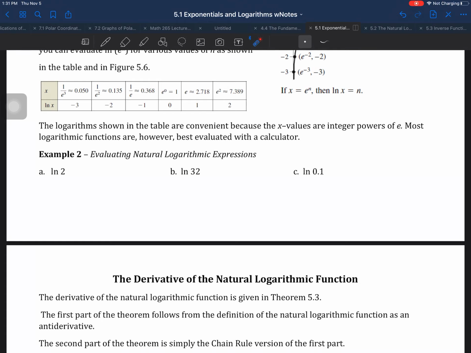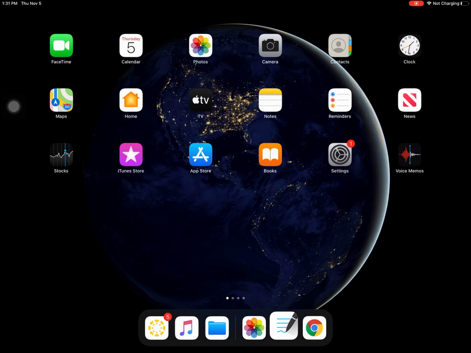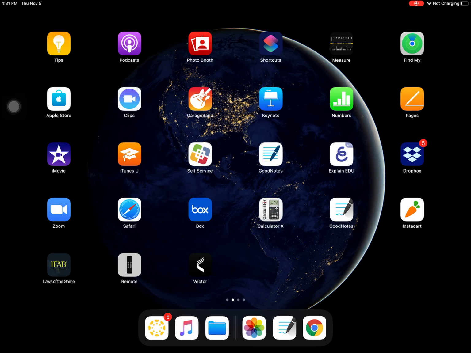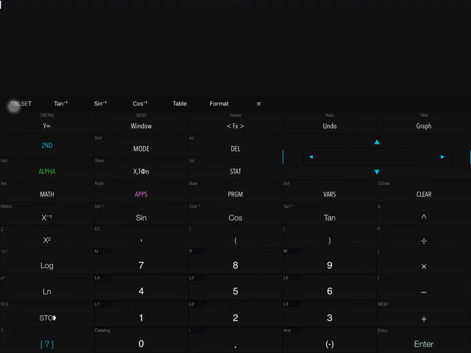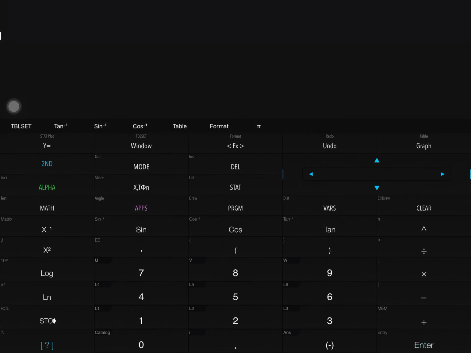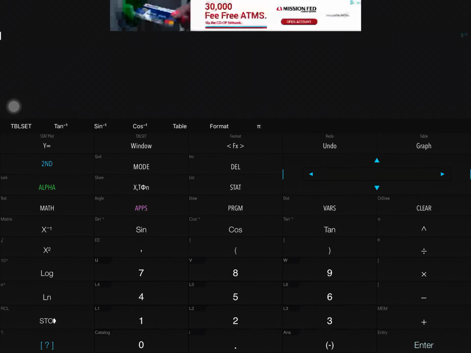If you guys notice, there is a natural log expression, and I'll just type in 2, close the parentheses, and then press enter, and that gives me 0.6931.